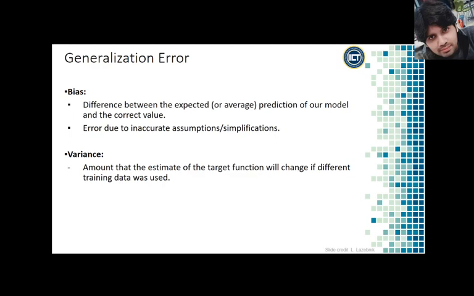Now for the variance, Elite Data Science says that variance refers to an algorithm's sensitivity to specific sets of the training set. Wikipedia states that variance is an error from sensitivity to small fluctuations in the training set.